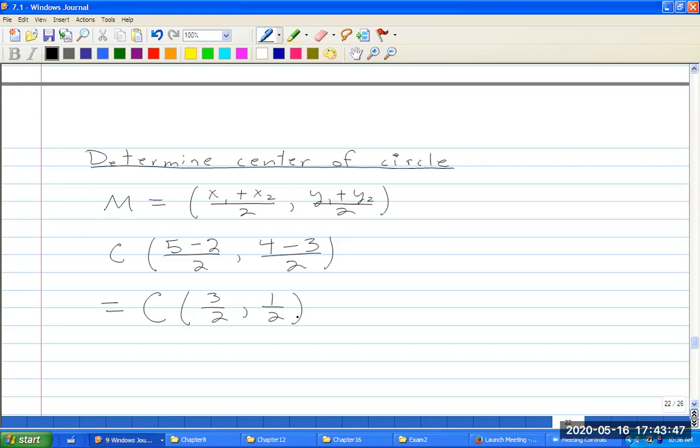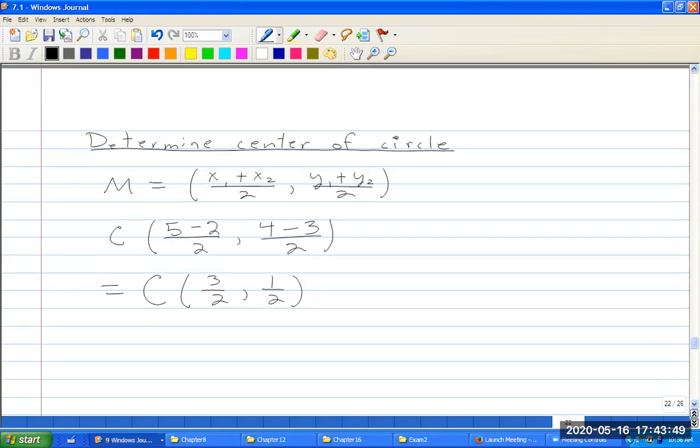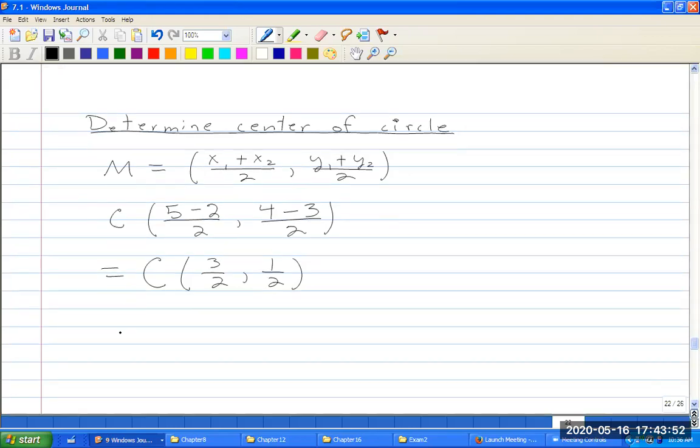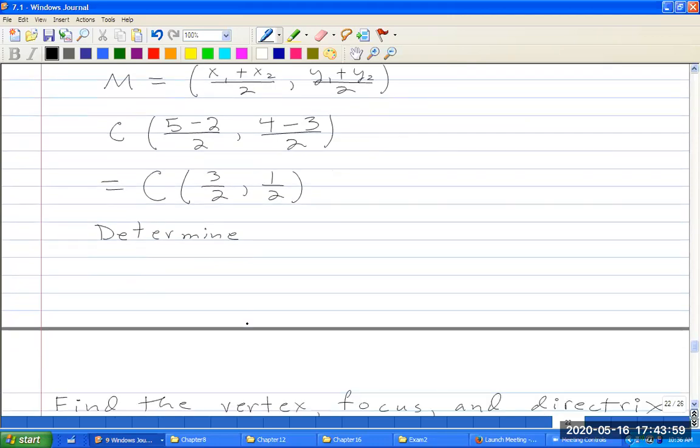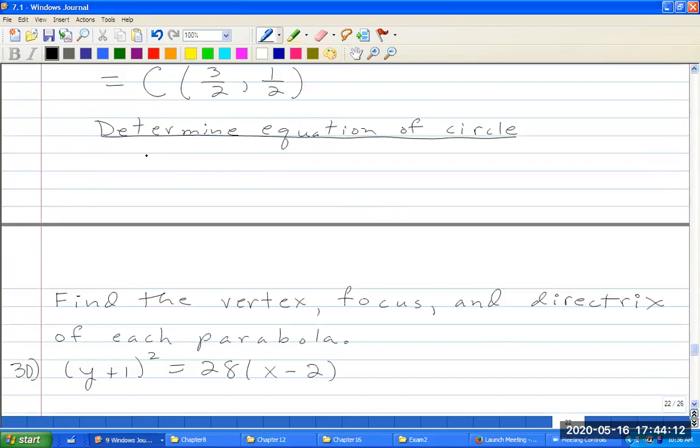Okay. Now, let's try to determine the equation of my circle. Well, let's recall the standard form is just x minus h squared plus y minus k squared equaling r squared.